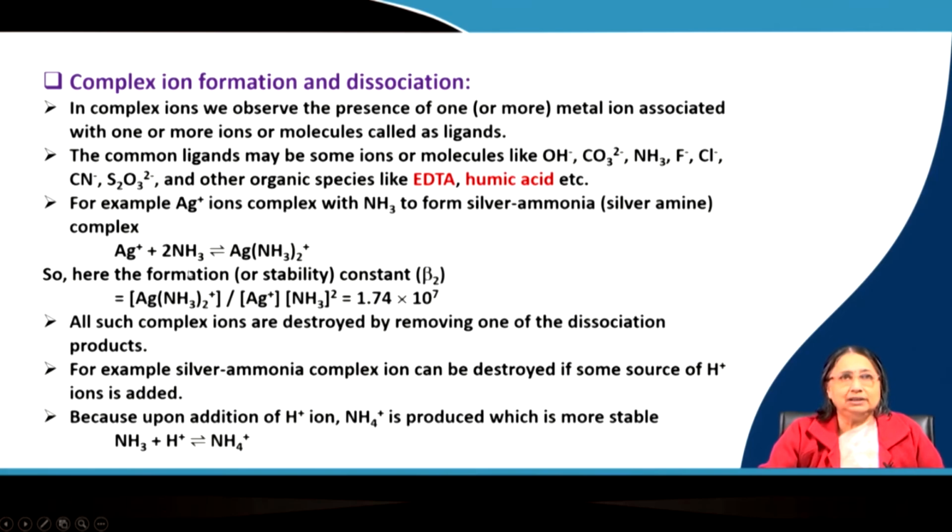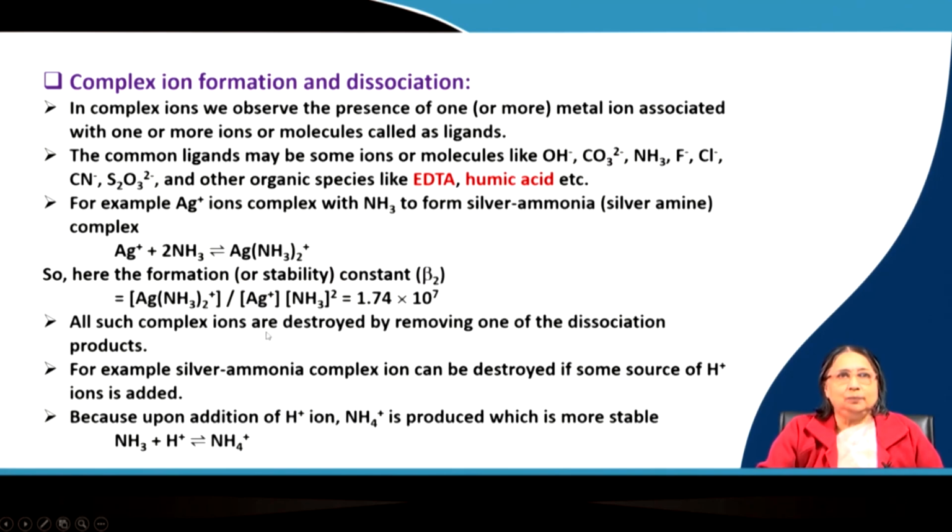If you want to remove the ammonia that is produced, how will you do it? You put in some acid. In the presence of acid, ammonia forms the ammonium ion, which is very stable and goes into solution, then slowly the reaction goes in the backward direction.